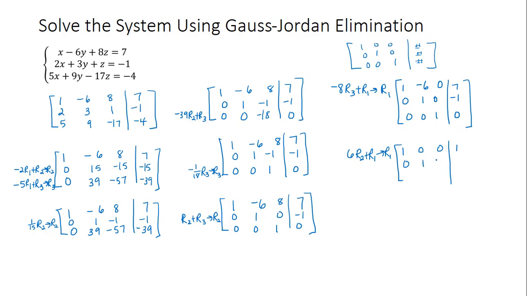And then my other rows stay 0, 1, 0, negative 1, and 0, 0, 1, 0.